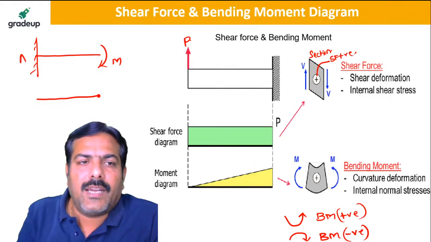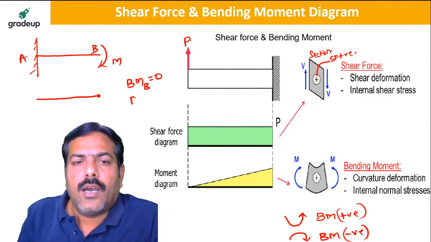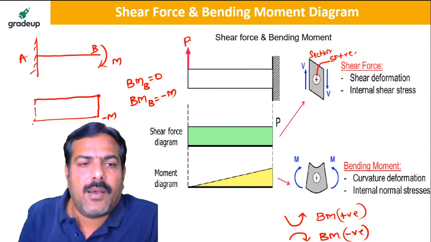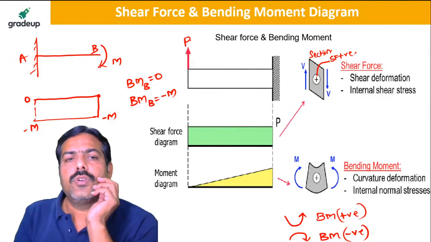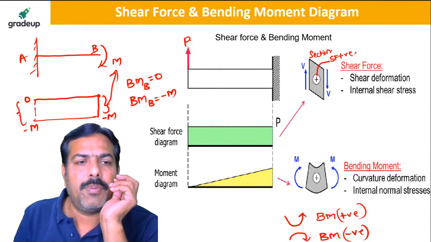So the bending moment at B is equal to, one value is 0, another value is hogging, which is equal to minus m. So from 0 it will go to minus m, constant up to this, and then the bending moment goes up from minus m to 0. So there is a vertical jump here because of m, and there is a vertical jump here because of m.